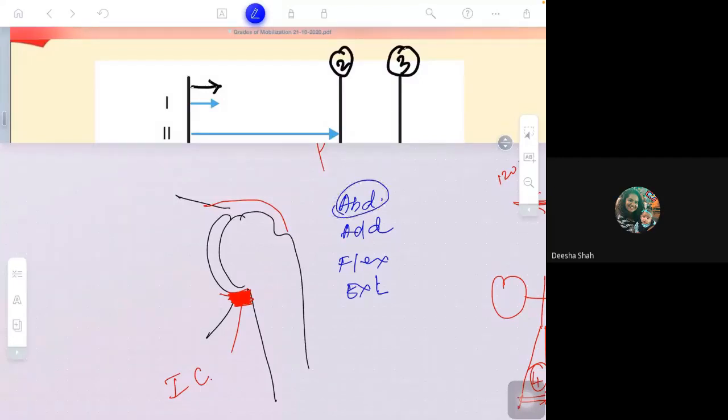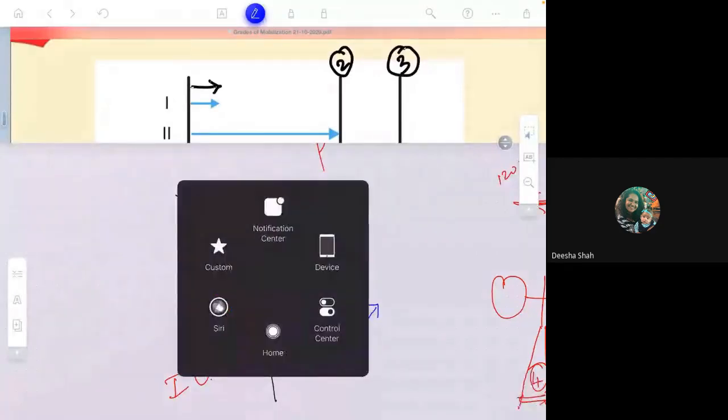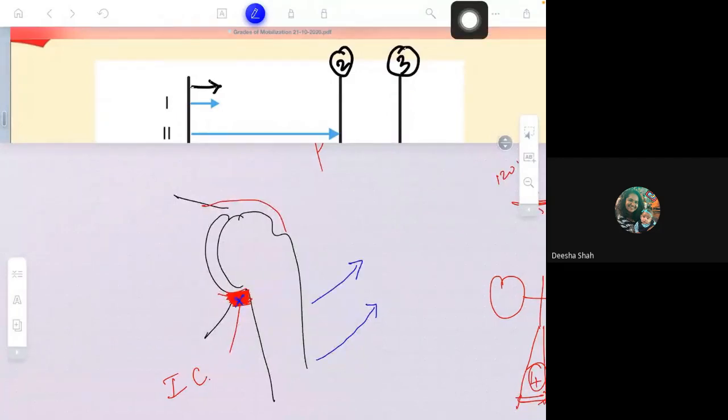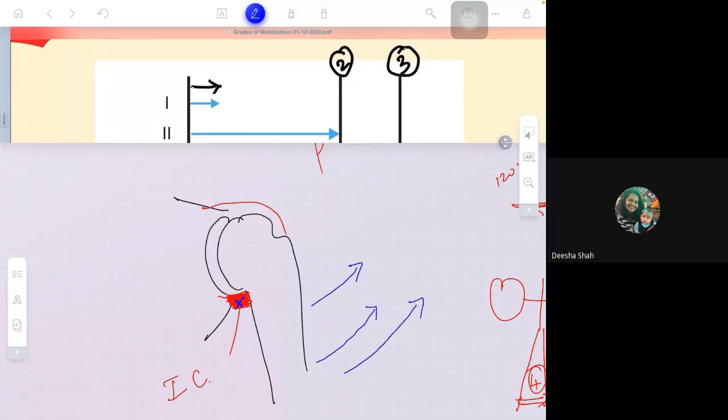Yes, abduction is right. If a person is doing abduction and the inferior capsule is tight, the person cannot do abduction. So what is your aim? If you want to increase abduction, inferior glide should occur, as per the concave-convex rule. Because here it is tight, inferior glide is restricted.